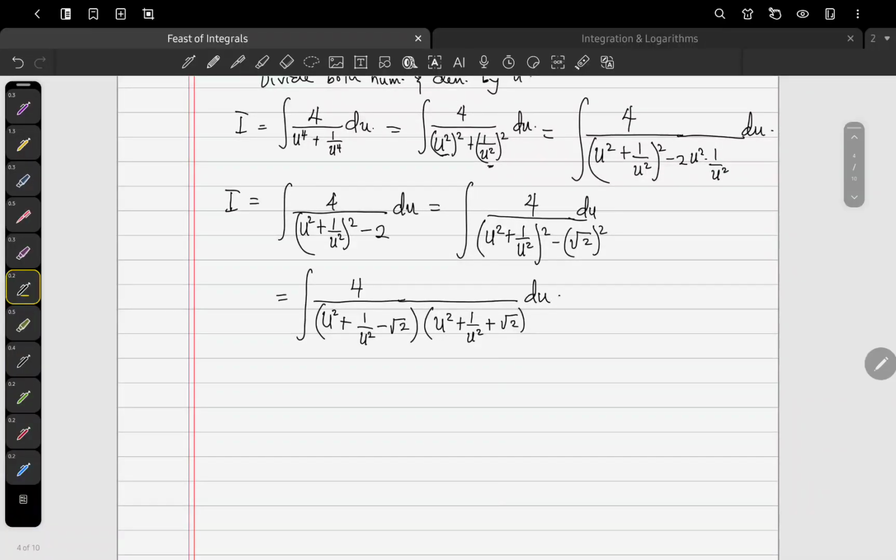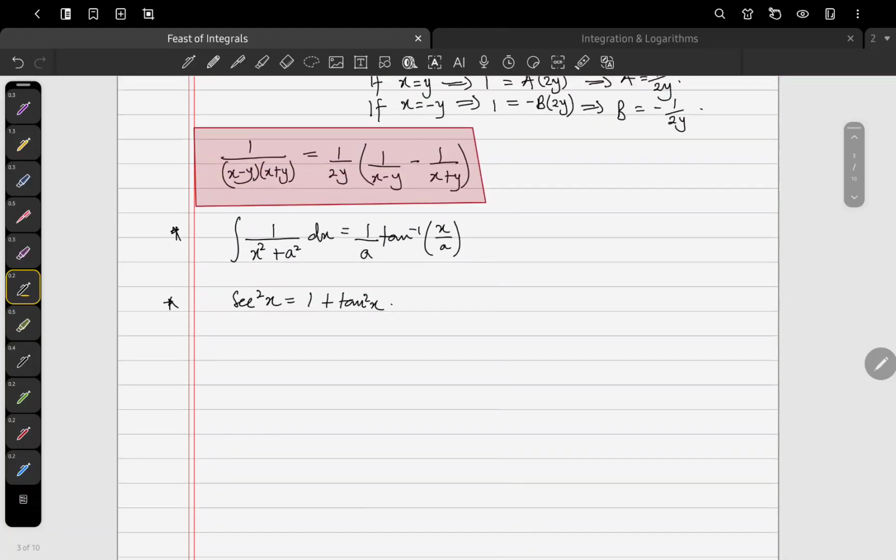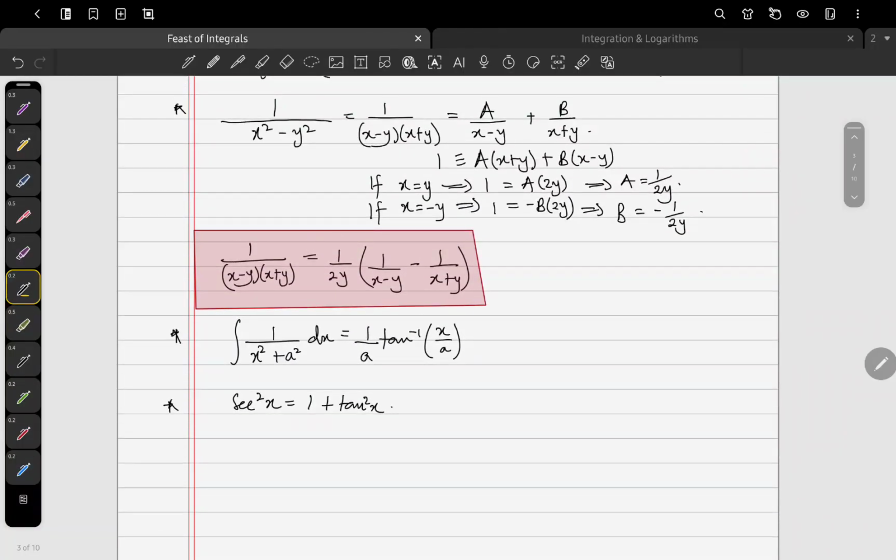Now, I didn't have to write it this way for us to have seen that we could use one of the facts that we did up here.